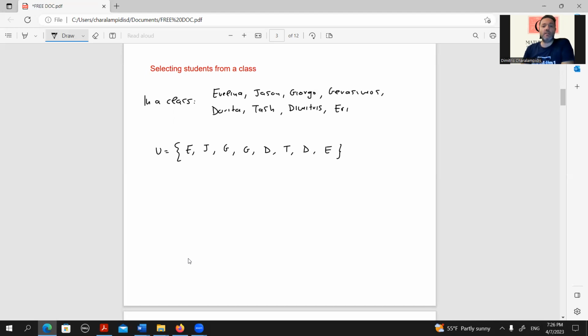In this case, the cardinality of this universal set would be 8. We would have a total of 8 selections. And that would be all. Remember once again that by universal set, we define the set that includes all possible outcomes of a probability experiment.